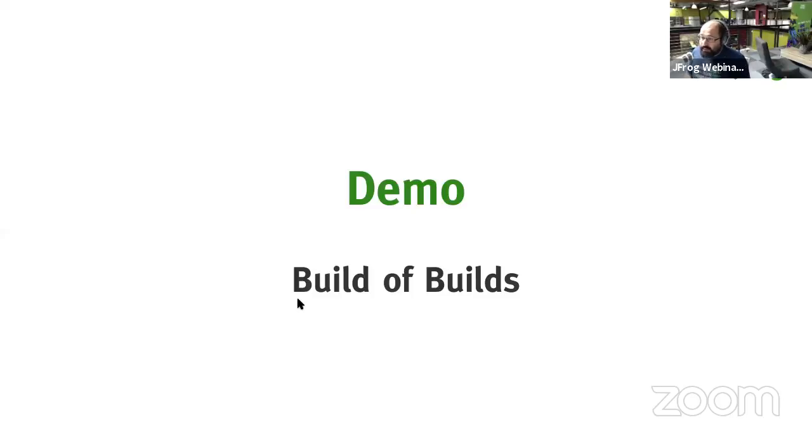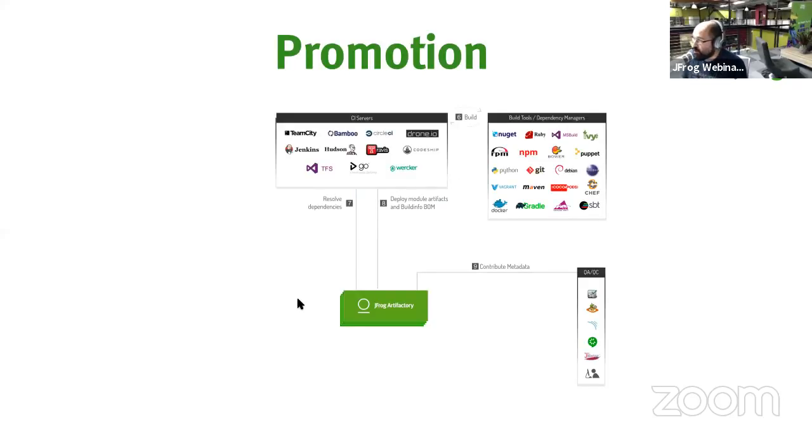The last thing I want to speak with you about is the promotion. Getting back to this partial image of ours that we care about today, I'm going to talk about the last step of today's scope, and that's contributing metadata to allow the promotion. I'm not going to demonstrate today any integration between QA tools and Artifactory properties.